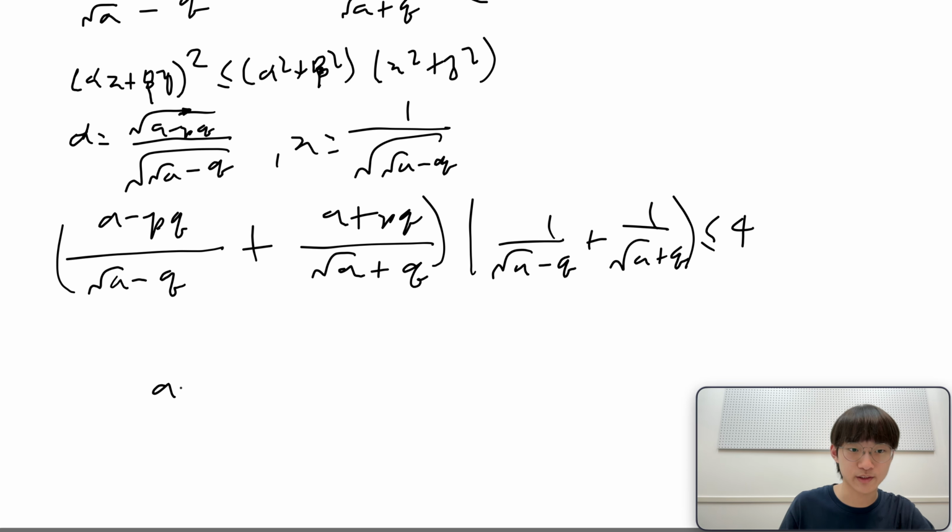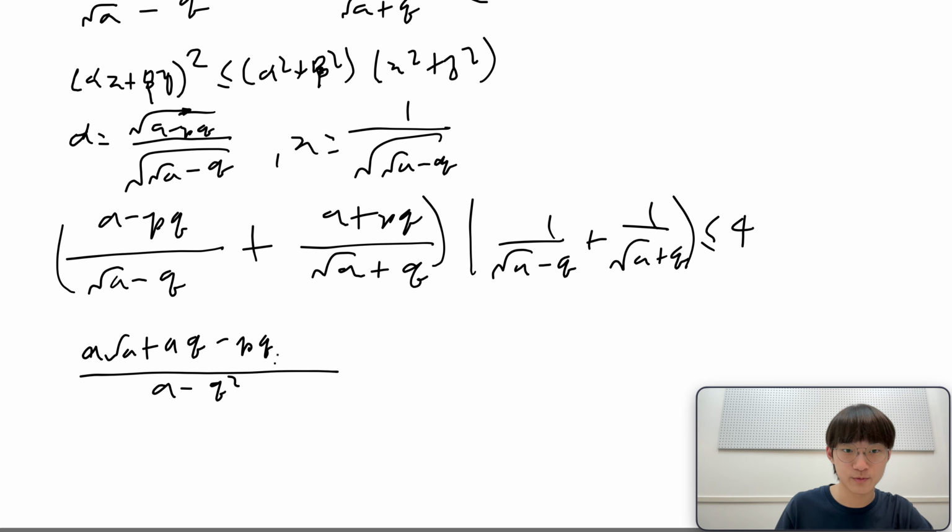So a minus q squared over, let's just do it here, plus aq minus pq root a. Oh no, I'm running out of space.